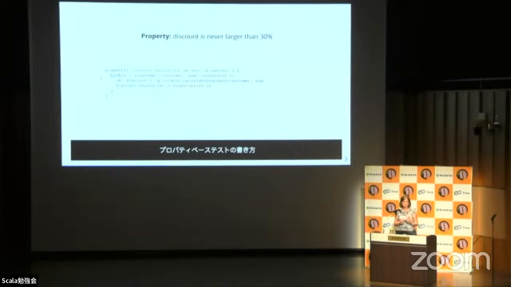Because what happens here is the library generates a couple of pairs, 10 or 100 or 1,000, depending on the configuration, of various random customers and local dates, and verifies that the test still passes. I said random, but it's actually much more than random.